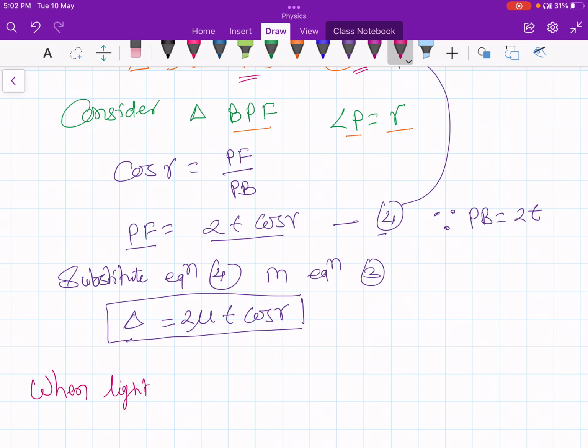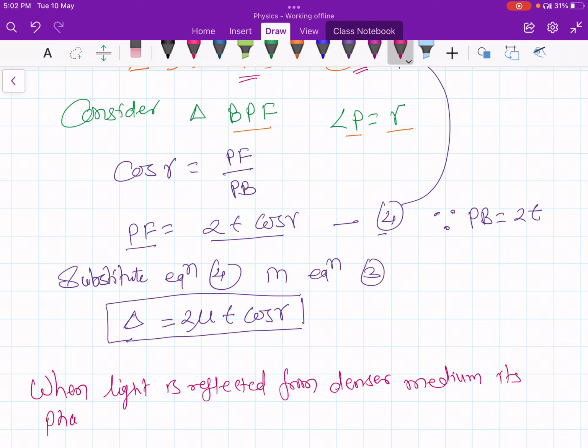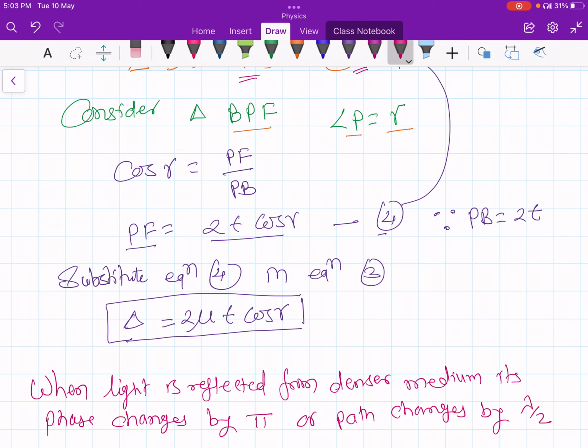When a light ray is reflected from a denser medium, its phase changes by pi, or its path changes by lambda by 2.